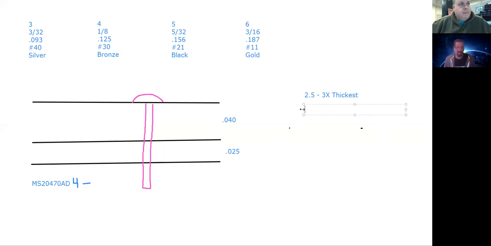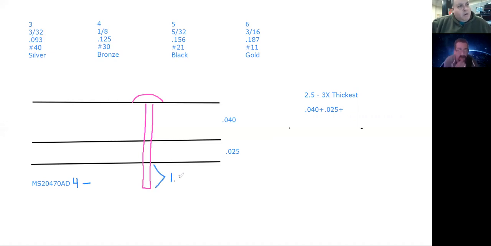It would be the sum of the two sheets plus. Well, let me make sure. So we know it's the sum of all sheets plus 1.5 the diameter. Correct.